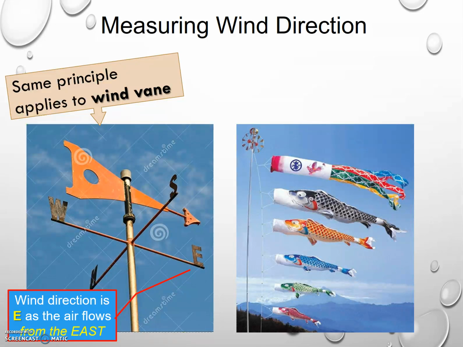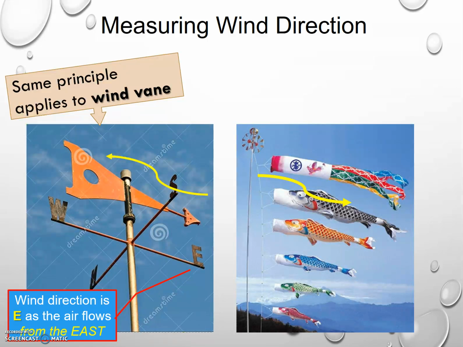We use a wind vane to measure wind direction. In the left-hand side photo, you can see that the air actually flows from the east. So when we talk about wind direction, we are talking about the wind from the east. On your right-hand side, there is another type of wind vane usually used in Japan.